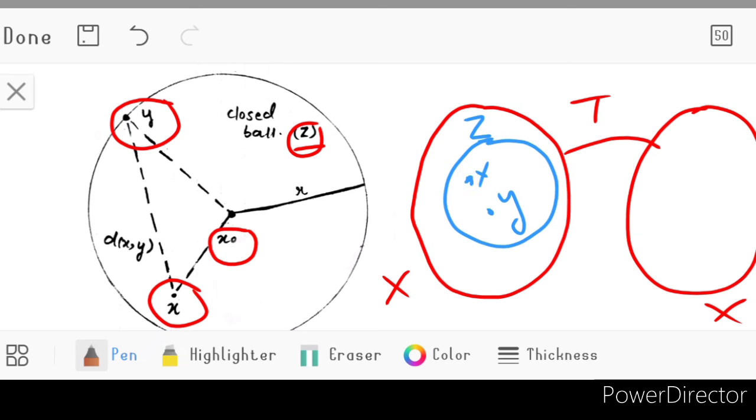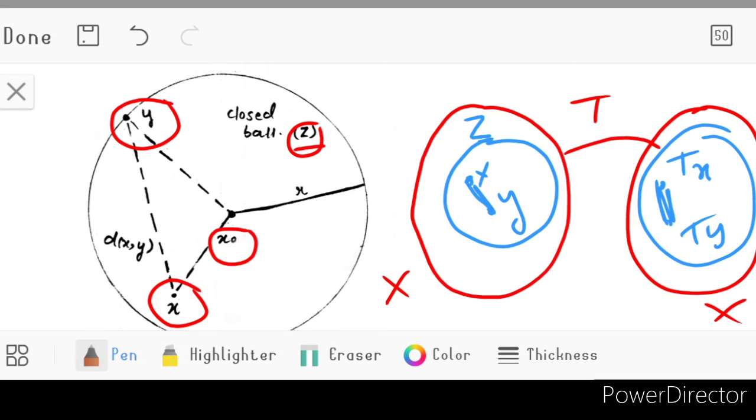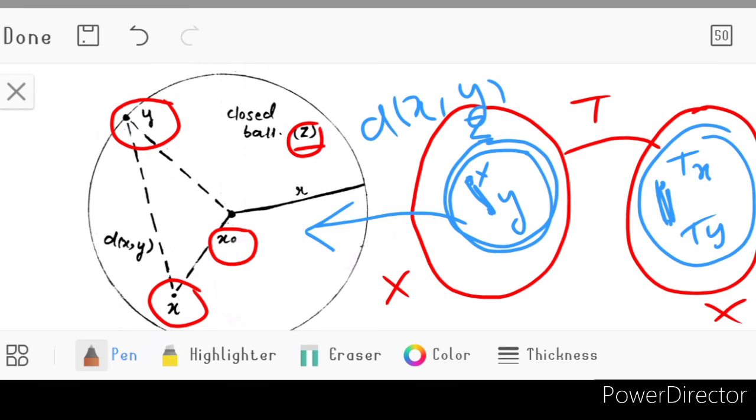The images will be T of x and T of y. So it is talking about the distance between the images, and the distance between these two elements will be d(x, y). I hope now it's clear. This closed ball is this.